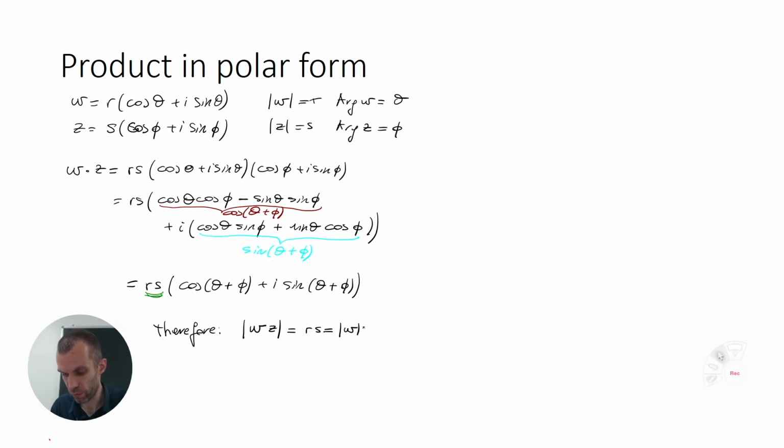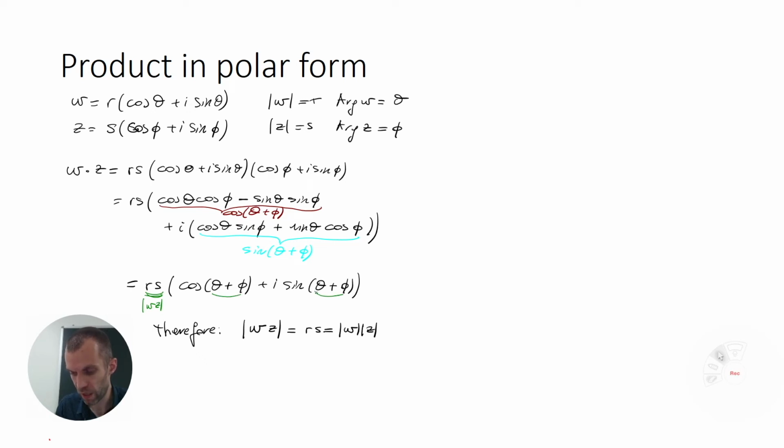So r, that was the modulus of W, and s, or that's the modulus of Z. And what we get here, so let me just write it on the slide here. So this was the modulus of the complex number.